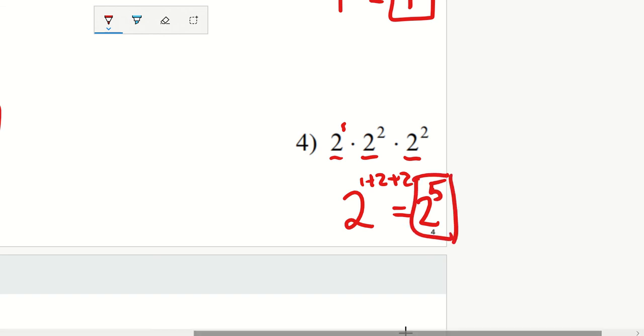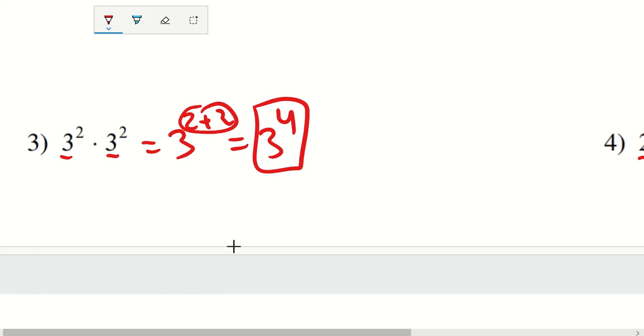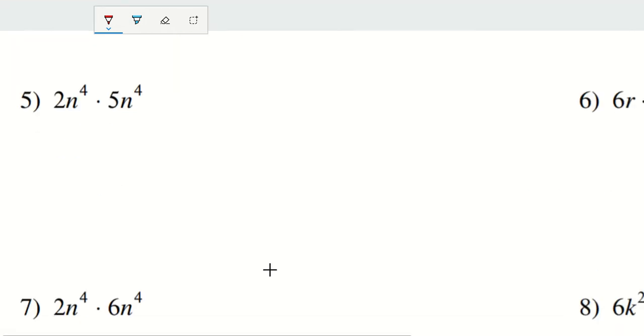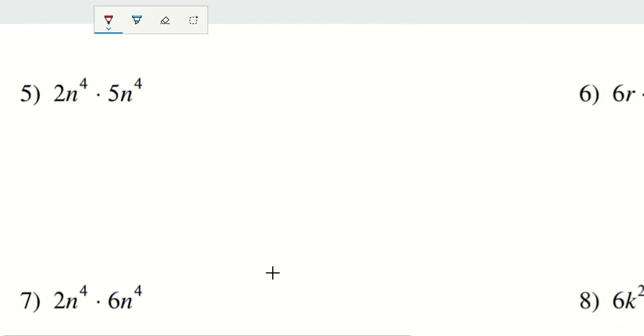So let's go ahead and start working with the letters, the variables. If you take a look at number 5, we have another example here. Remember, since these two numbers are not the same base, we cannot use the product rule. So I'm just going to multiply them like I've been multiplying since I can remember. 2 times 5 is 10. Now we take a look at the n's.